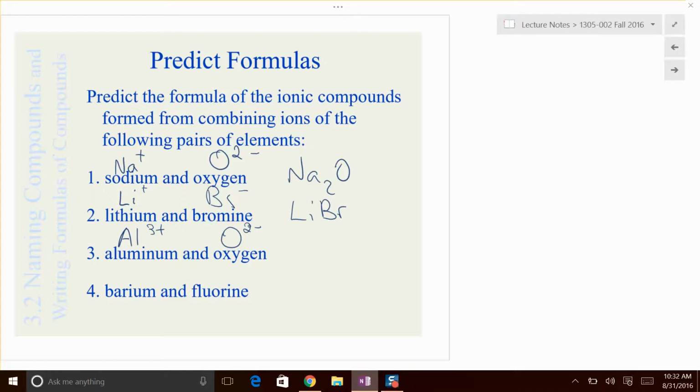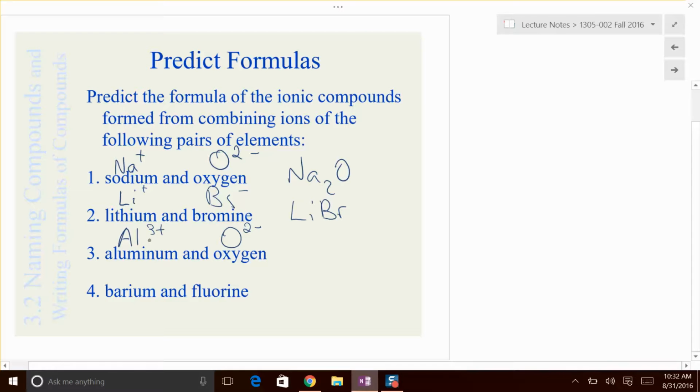This is what I need to realize. If I have charges that are so different like this, it's hard to figure out. All I need to do is multiply them each by the charges of each other. So if I multiply Al by 2, 3 positive charges times 2 would be what charge? 6.